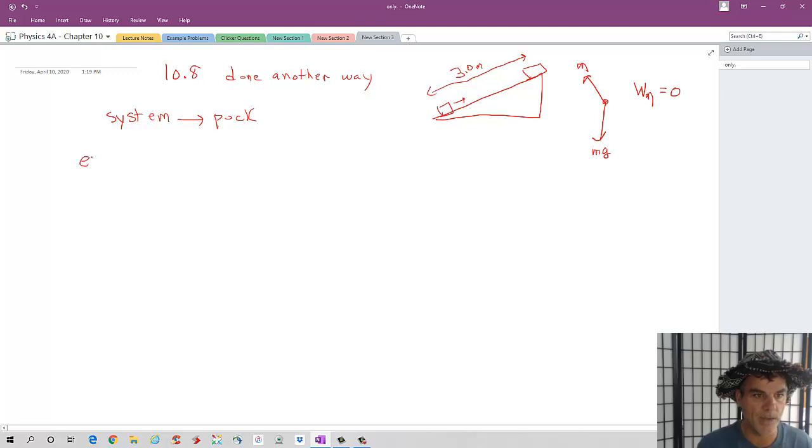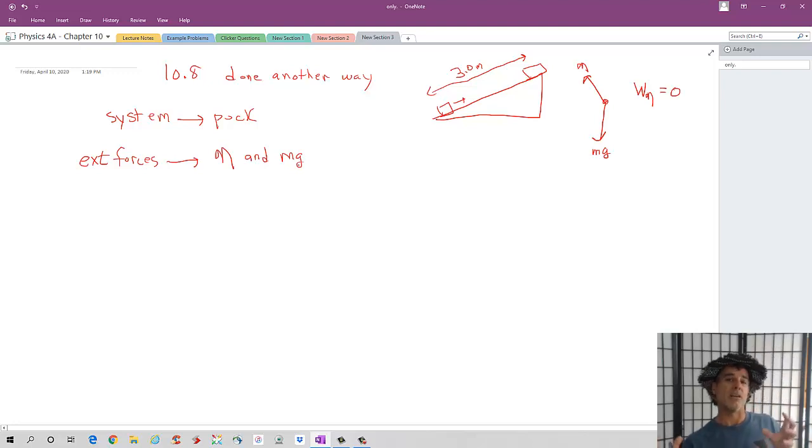But now that I've defined my system as just the puck, the external forces are the normal force and gravity, right? If the Earth is not part of the system, then gravity is an external force doing work.